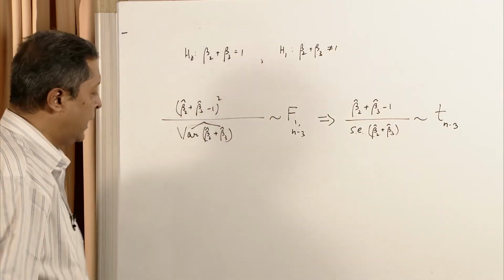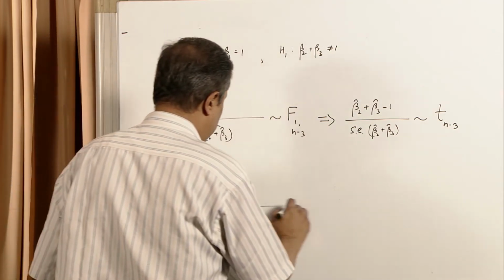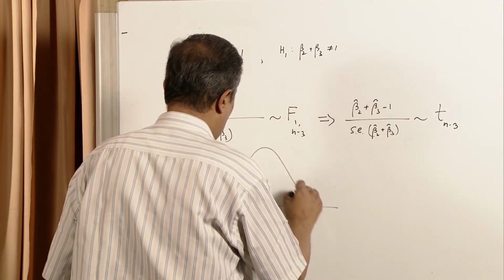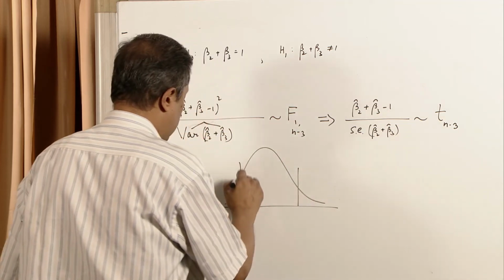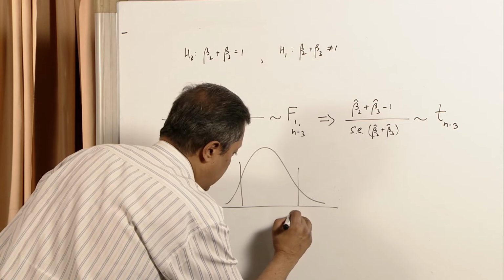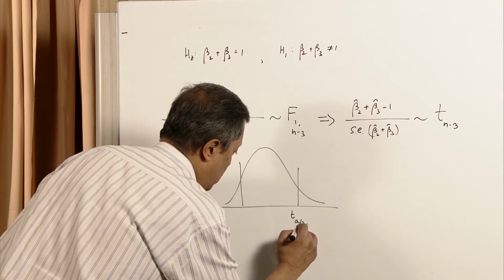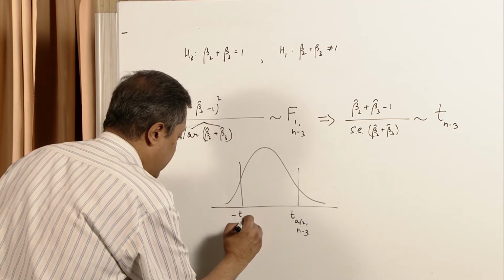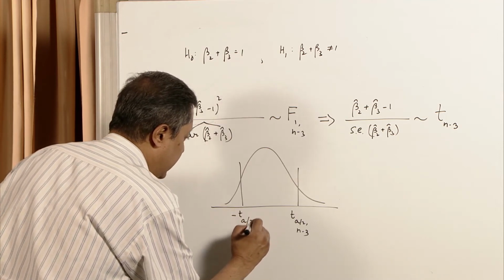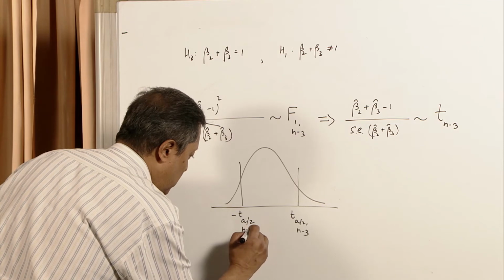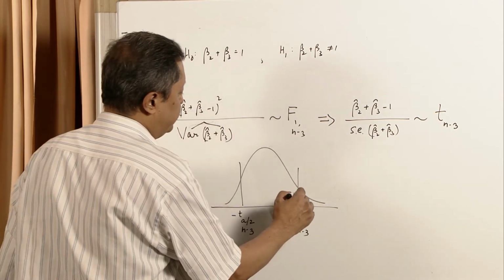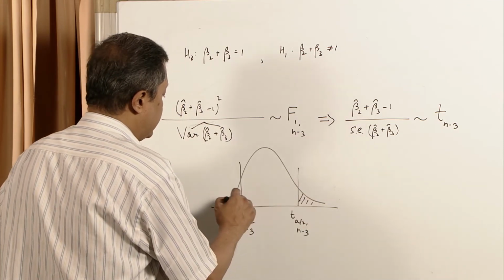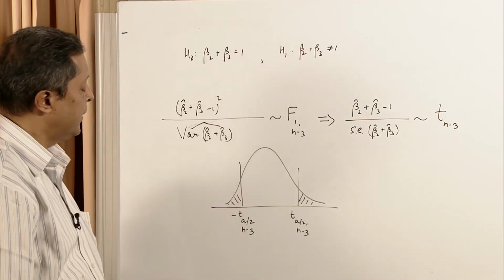Obviously, this is a two-tailed test. So, we have the t distribution with two goalposts. Here we have t alpha by 2 with n minus 3 degrees of freedom, and due to the symmetry of the t distribution, here we have minus t alpha by 2 with n minus 3 degrees of freedom. These shaded areas are jointly called the critical region.